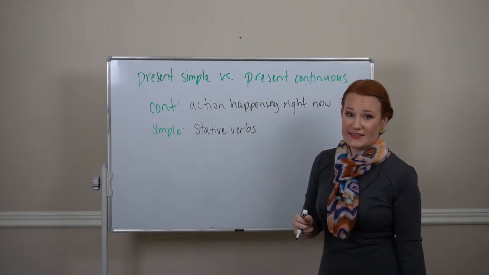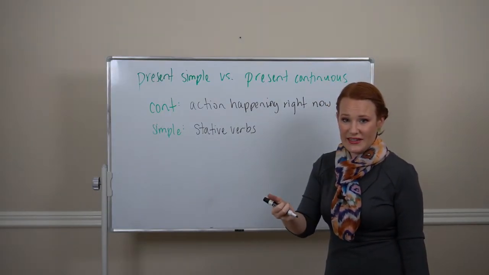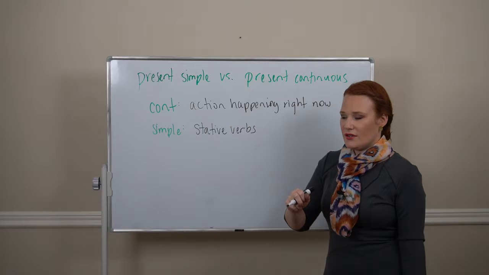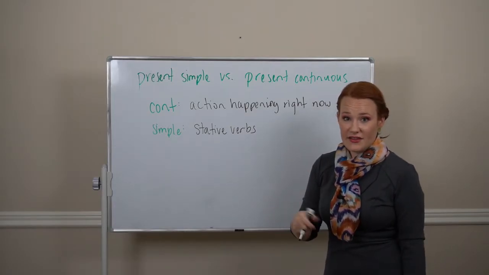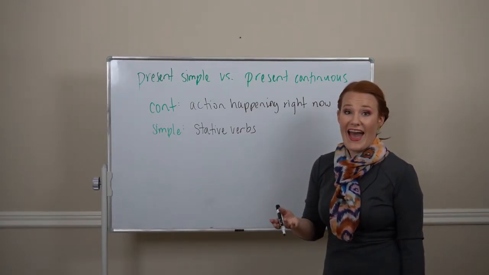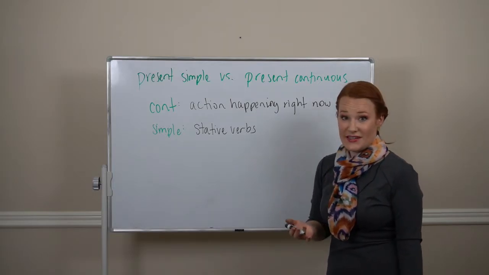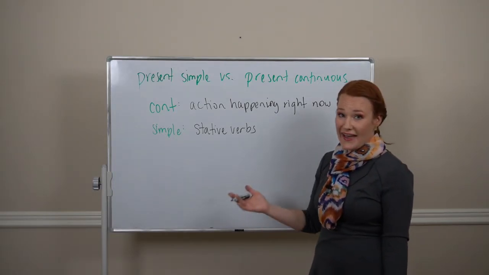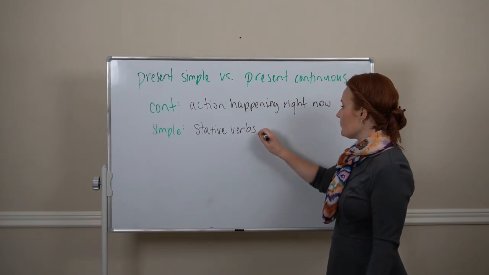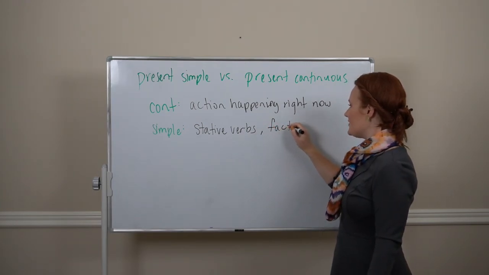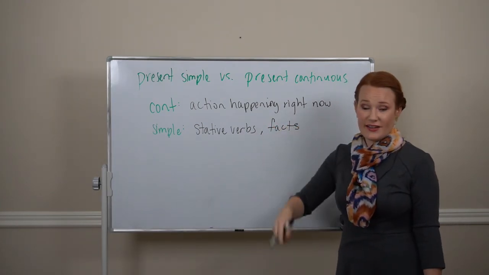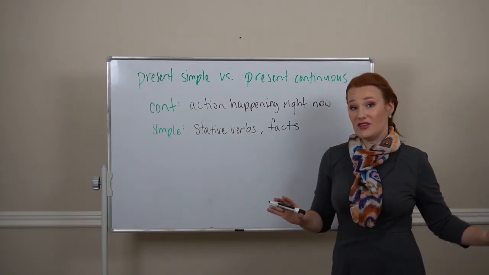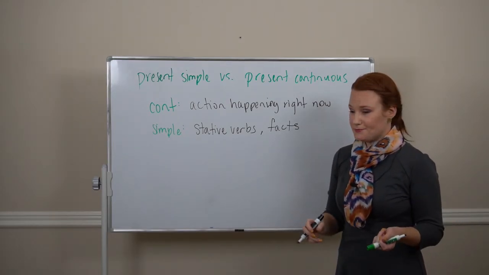Stative verbs are things like your senses, like hearing, emotions like love, and verbs like own or have that cannot be used in a continuous form. So those will have to be simple. And if something is just a fact, you're not talking about right now, but just in general, we'll use simple.